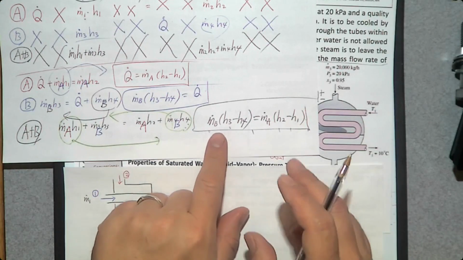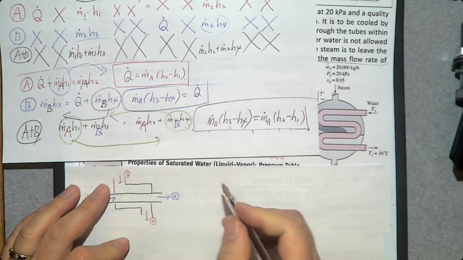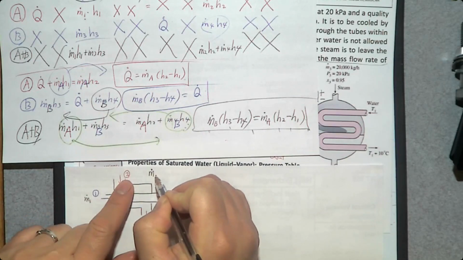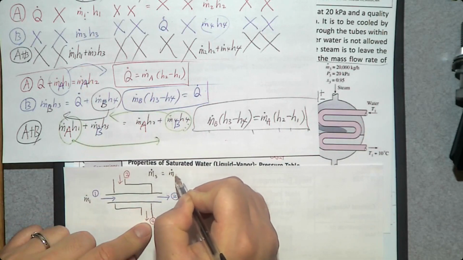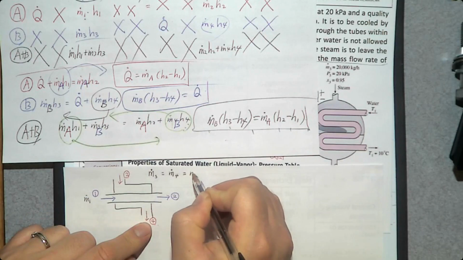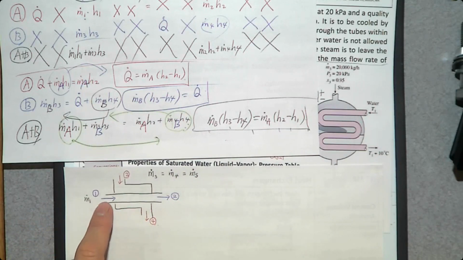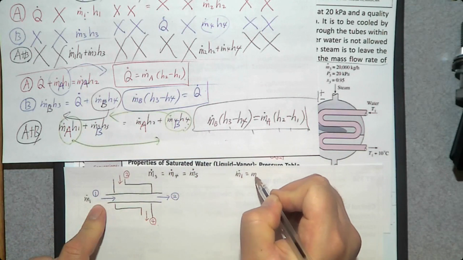So the energy balance equation looks like this. The mass flow rate of the steam, m dot 3, is the same as the flow rate at the exit, and I'm going to say this is m dot of S, steam. What about the mass flow rate for the cooling water? m dot 1 is the same as m dot 2.